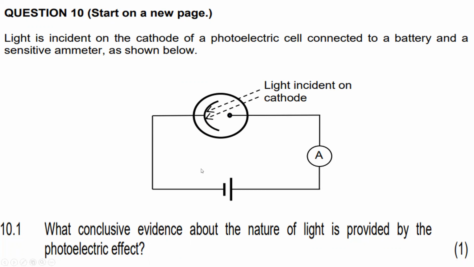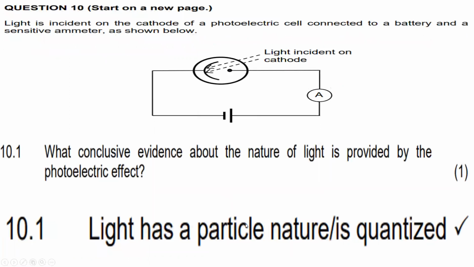Light has particles, so they are asking you the nature of light. Let's continue with the answer, nature of light. Light has a particle nature. All right. Because, as you see, we are talking about electrons going up, coming down. So we are talking about particles, taking energy and changing their position. So light has a particle nature.